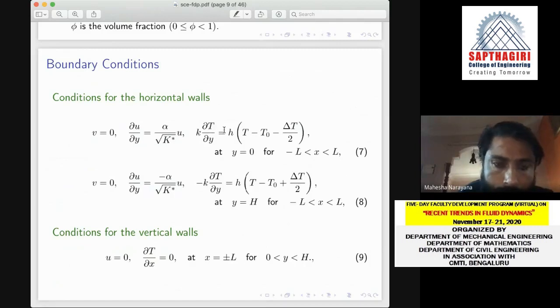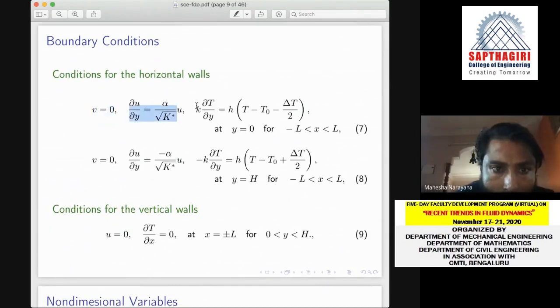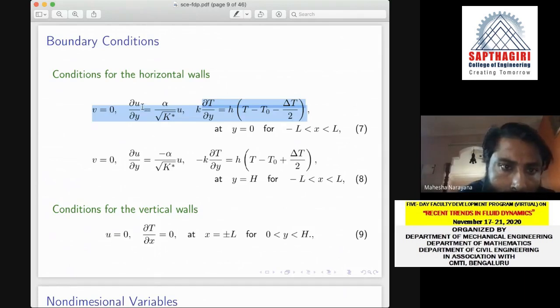And V equal to 0 is the condition due to there being no vertical throughflow. So that is what V equal to 0 represents, and you can see that these two conditions are of the third kind, because both the derivatives and the variable are present.